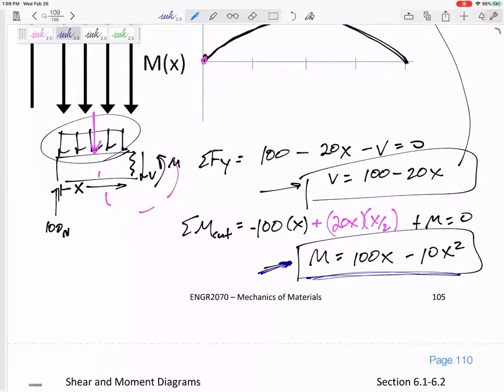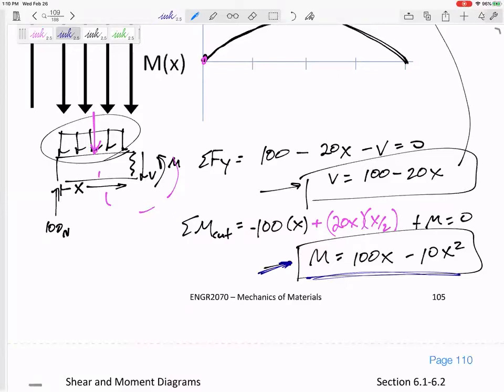But you would have to do that for every section of your beam. Anytime something changes, you need to write a new equation for that section. You have an equation for each section. So I think that's more work than just doing it graphically. That's something to fall back on.